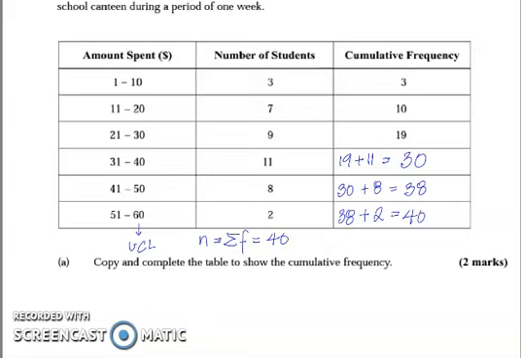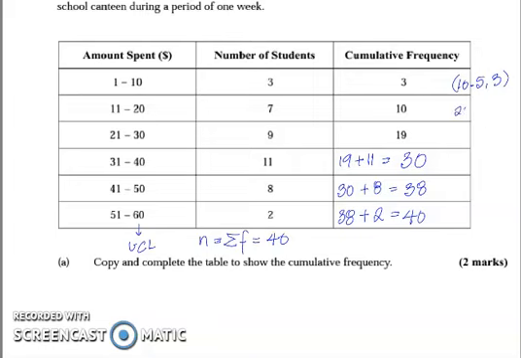Now, to get the upper class boundary, you're going to add 0.5 to the upper class limit. So here it's going to be 10.5, 3. The x value is the upper class boundary, and the y value is the cumulative frequency.